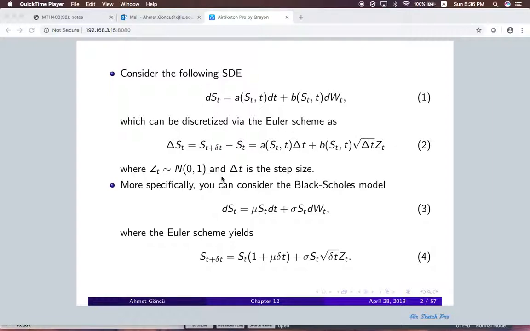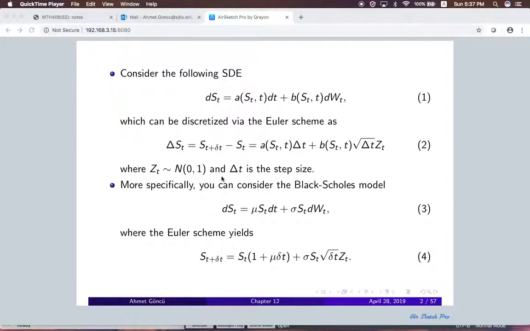And you can see that we also discretize the time here, and our Brownian motion is substituted with the standard normal random variable Z_t times the square root of delta t, so that this term exactly follows the distributional properties of the Brownian motion process.